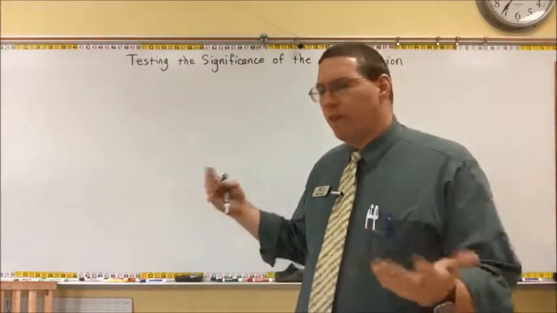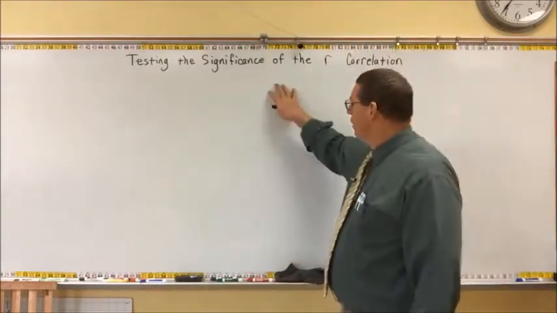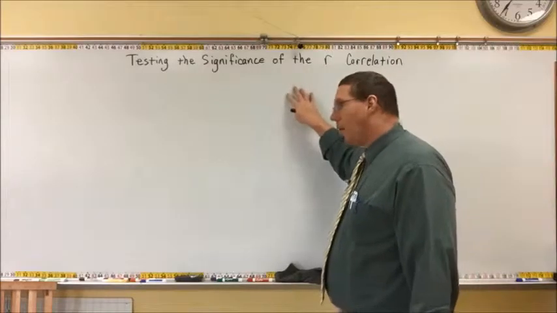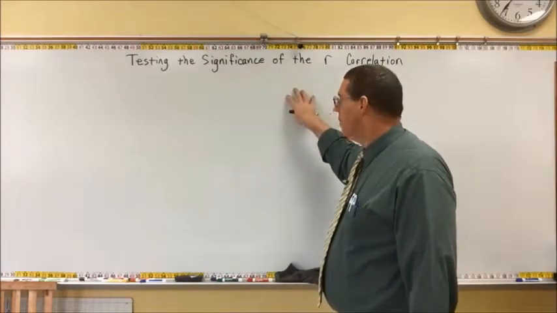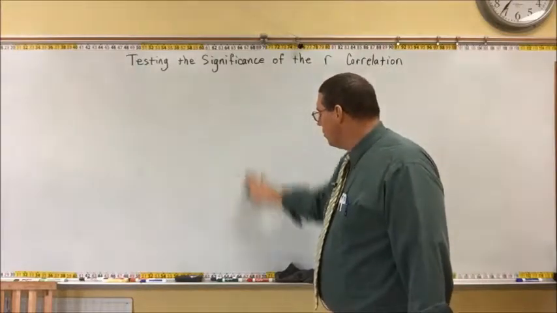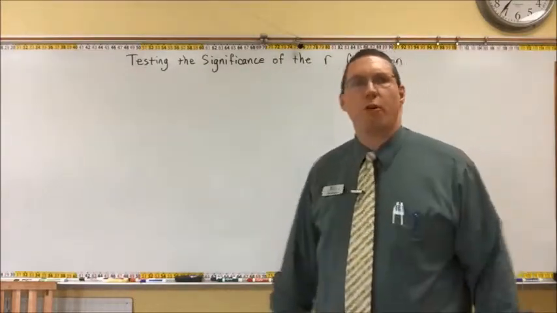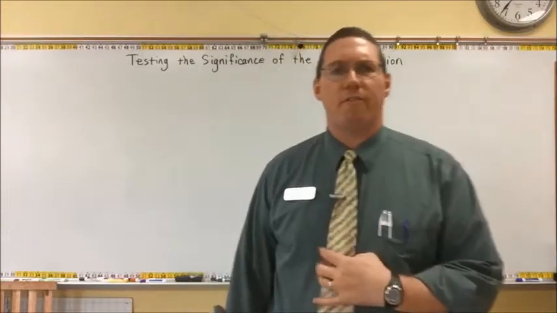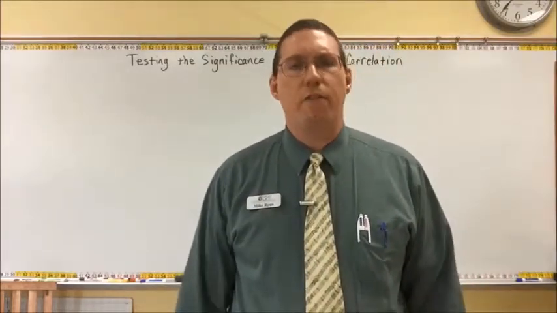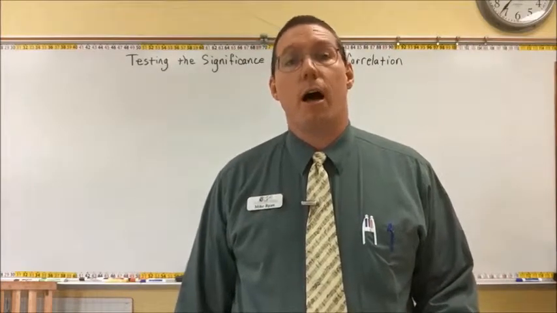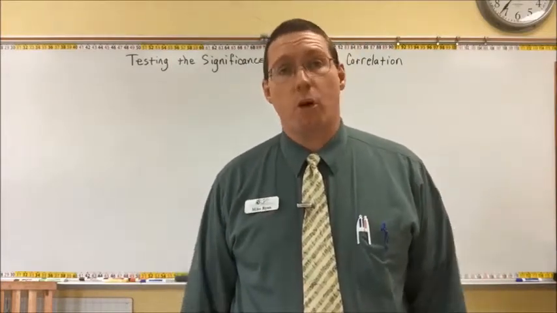So let's say you have two variables. You have, I don't know, let's say height and weight, or education versus income, and you have values from, let's say, 35 different people or 35 different animals or something like that. And you do an R correlation, and you find that the two variables appear to be positively correlated.